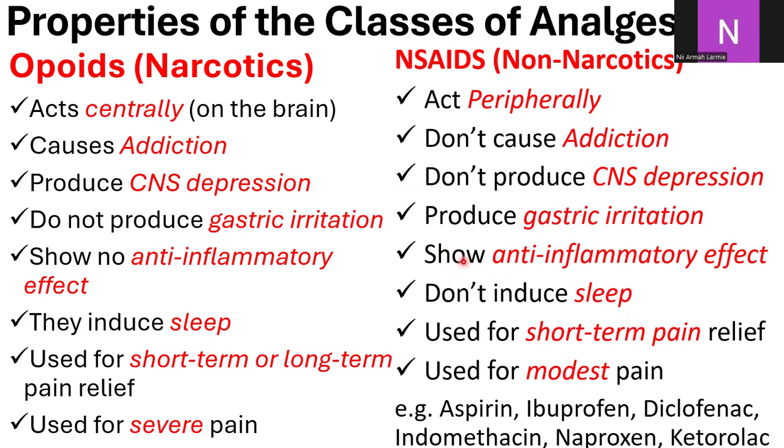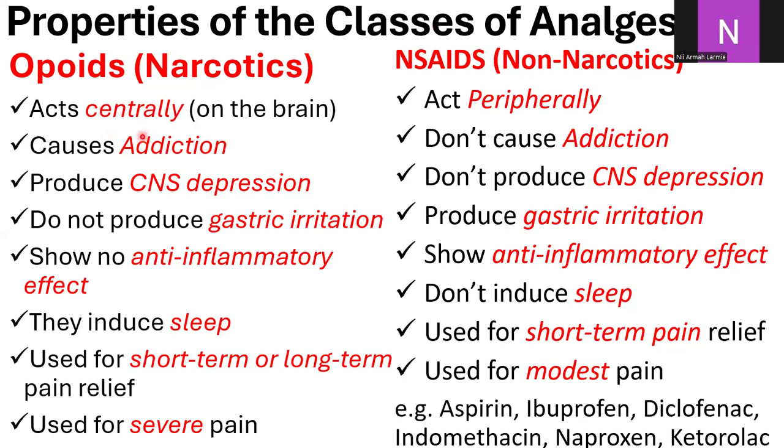Again, we said narcotics or opioids change the brain's perception of pain. So opioids act centrally through the brain, whereas NSAIDs act peripherally. Because opioids are working on the brain, they can cause addiction.